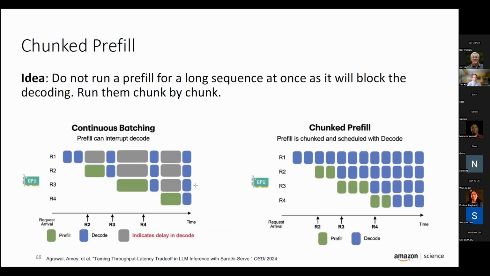Chunked prefill is one of my favorite concepts. The idea is that if you have a very, very long prompt, let's pretend for now that my resume example with 3,000 tokens is very long. Maybe these days it's not considered very long.